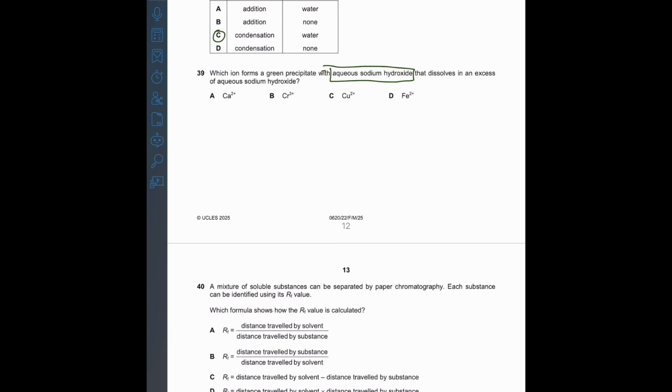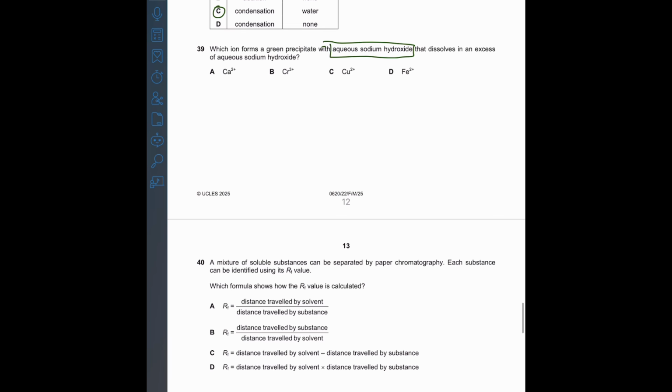For these cations, if we recall, chromium is the right answer. Chromium will form a green precipitate in sodium hydroxide, and it will dissolve in excess sodium hydroxide to form a dark green solution. This is written in the tables. So the answer is B.